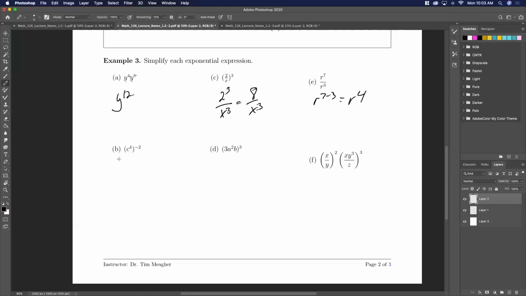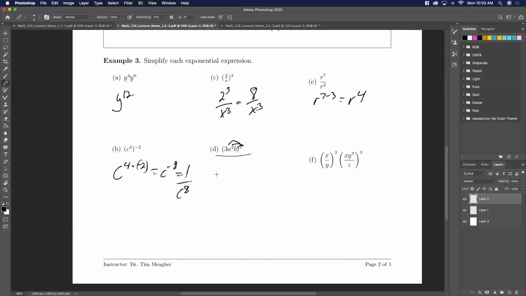Here, if I have a negative number, I can go ahead and write c to the 4th times negative 2, which will give me c to the minus 8th, which is the same thing as 1 over c to the 8th. Here, if I'm doing this, I can distribute this in.